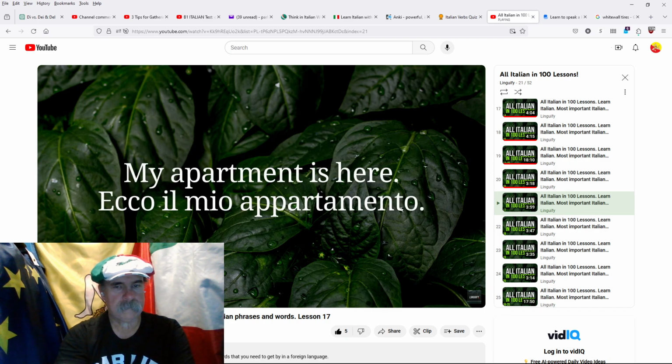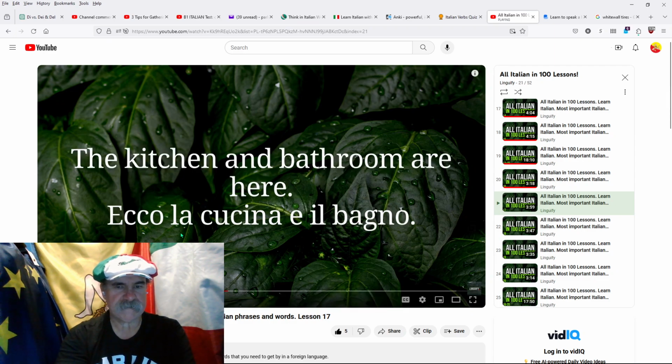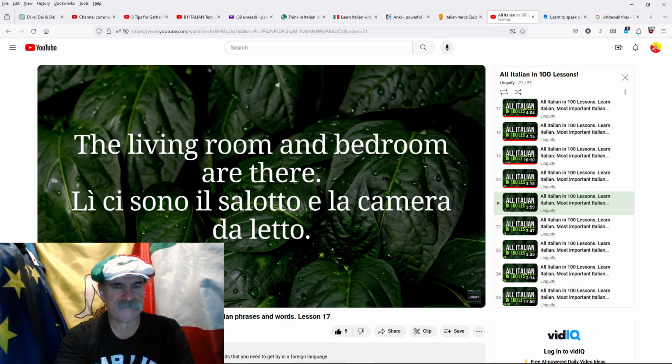My apartment is here. Ecco il mio appartamento. No commentary on this. The kitchen and bathroom are here. Ecco la cucina e il bagno. Makes sense. The living room and bedroom are there.